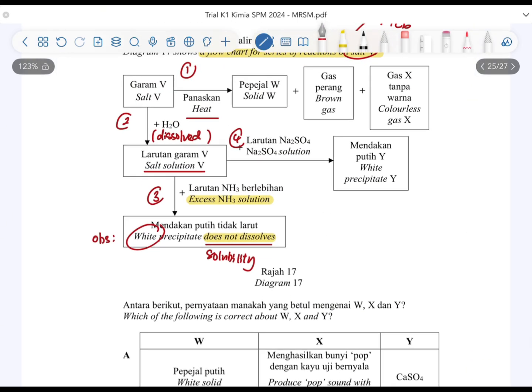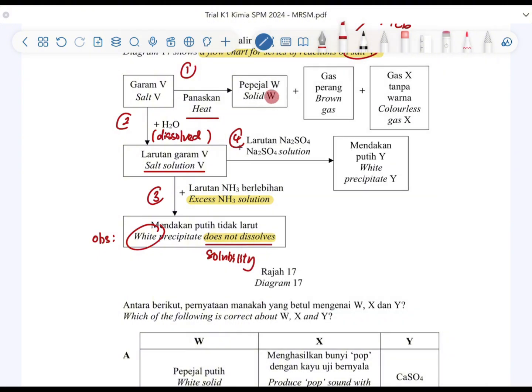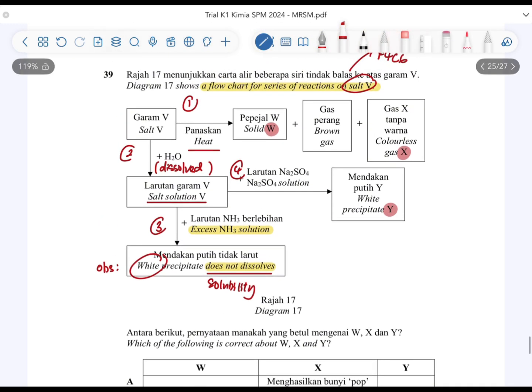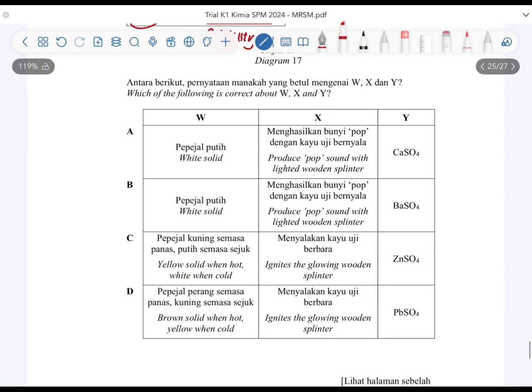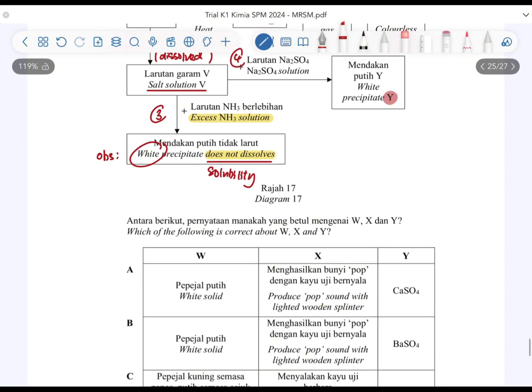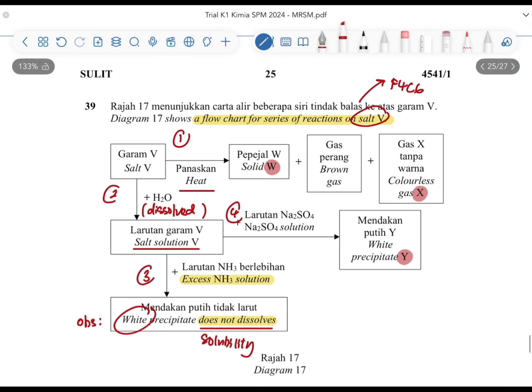Let's highlight W, X, and Y. This is salt V, and when we heat it, it will produce for sure a metal oxide.